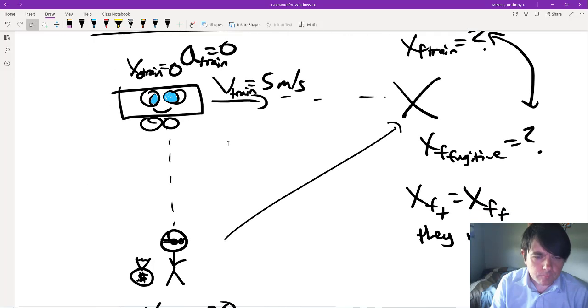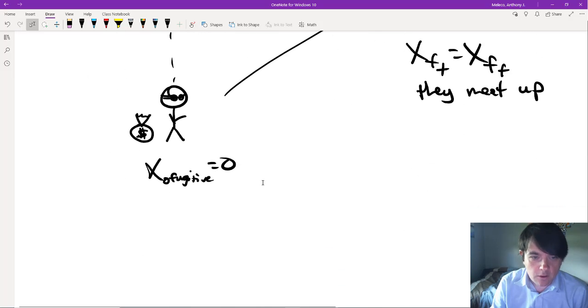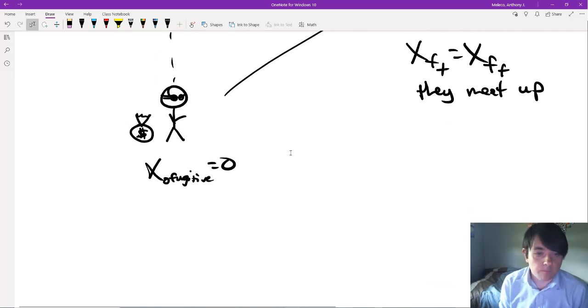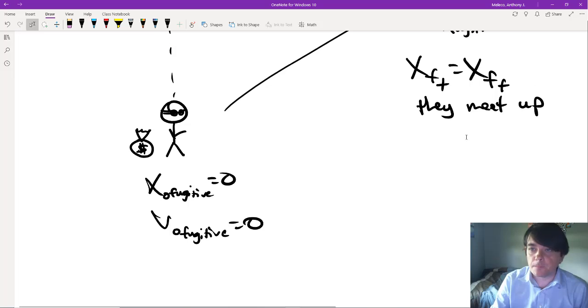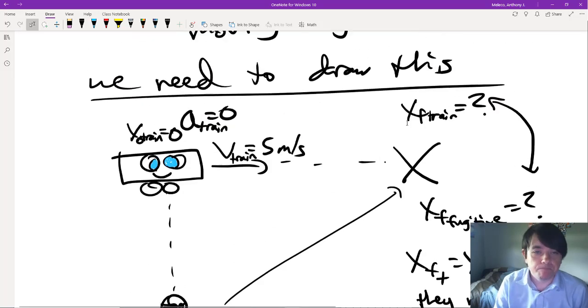The next thing is velocities. We've got our velocity right here, it's a constant. Our velocity of the fugitive, we don't know. He starts from rest, so v initial fugitive equals 0. V final fugitive, we don't know.